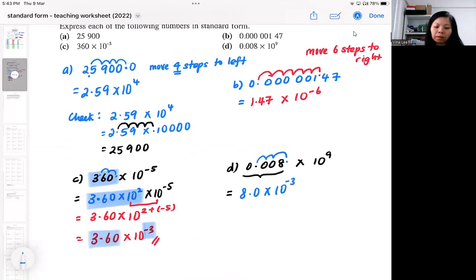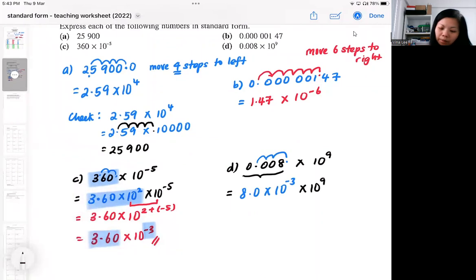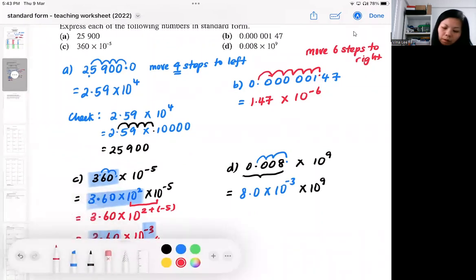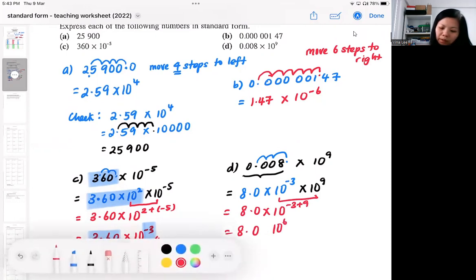The power is -3. Then don't forget the original 10 to the power 9. And then you do a bit of indices. Same base, you add up. So that is my standard form.